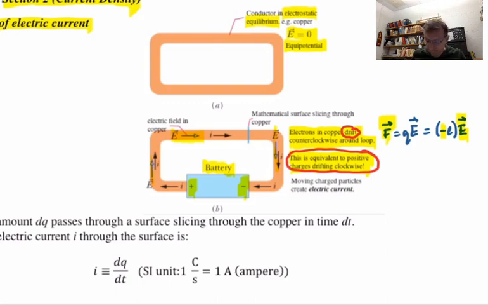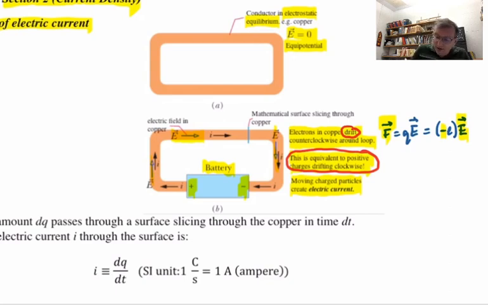field, yes? And moving charged particles constitute what we call electric current. Right? And now we're going to focus on the moving positive. We're going to think of it as if we have moving positive particles, and we're going to look at that electric current. Okay?